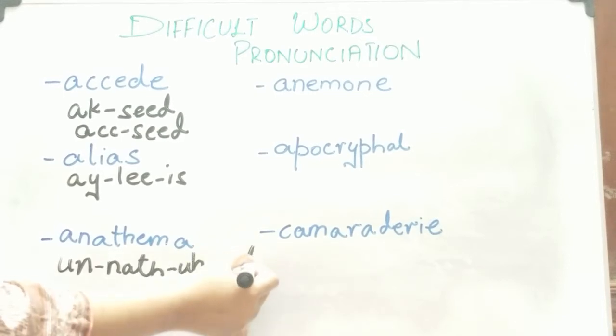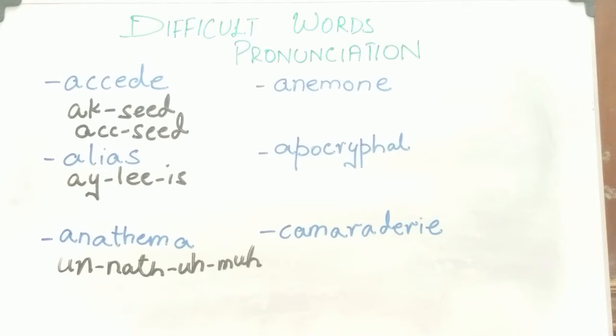Anathema basically means something that people strongly dislike, strongly hate, or you can say they strongly loathe. So you use the term anathema. Repeat after me. Anathema. Okay, let's move on to the next one.